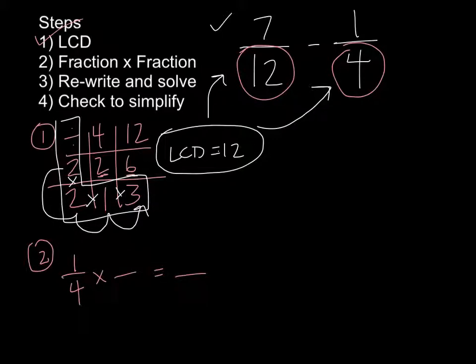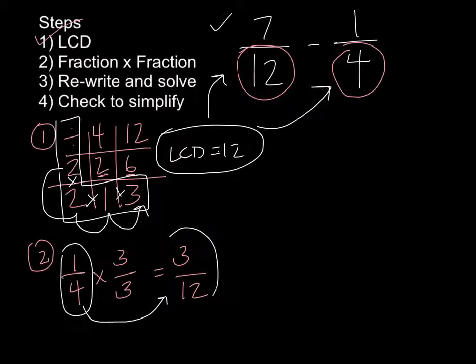Now I know my end denominator needs to be 12. So 4 times what equals 12? 4 times 3. If I do it to the bottom, I do it to the top. 1 times 3 is 3. So my equivalent fraction for 1/4 is 3/12. So that was my second step.